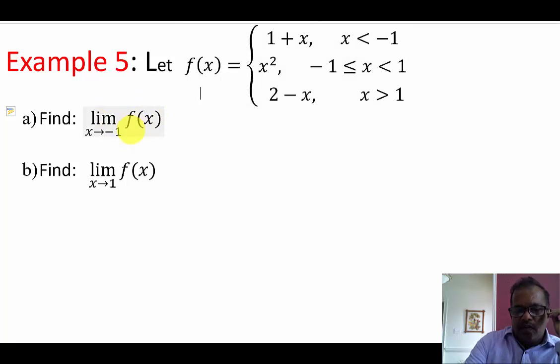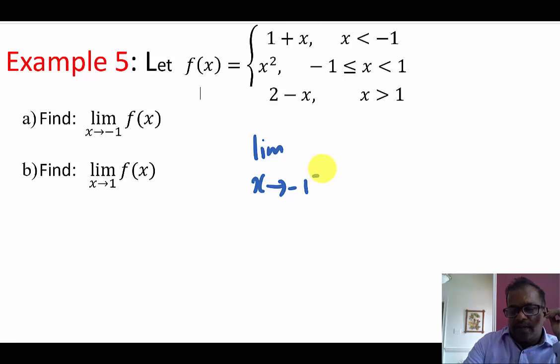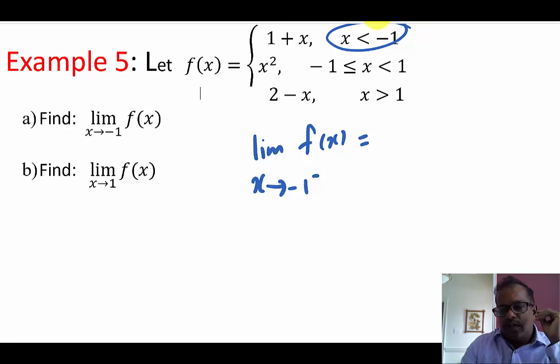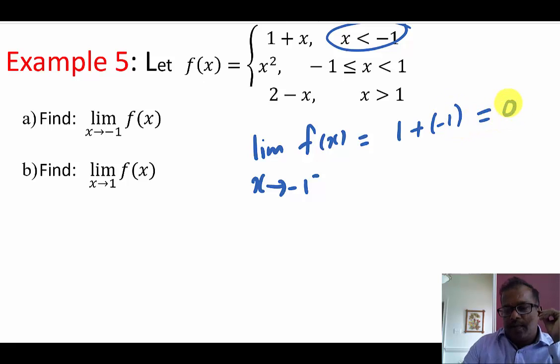So if I want this one, I need to first find the limit as x approaches negative 1 from the left of f of x. That means we need to use this piece, x below negative 1, which is 1 plus x. So 1 plus x approaches negative 1 plus 1, which means this whole thing will approach 0.